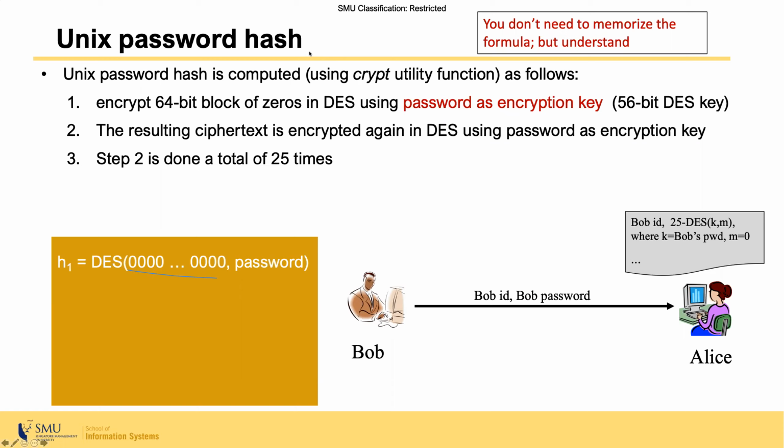One thing to take note of is that if your password is too long, it will be truncated to make sure that it becomes 56 bits, because that is the requirement for a DES key. On the other hand, if your password is too short, it will be padded with leading zeros to make sure that it has, again, 56 bits. Once you encrypt that, you will get a ciphertext.